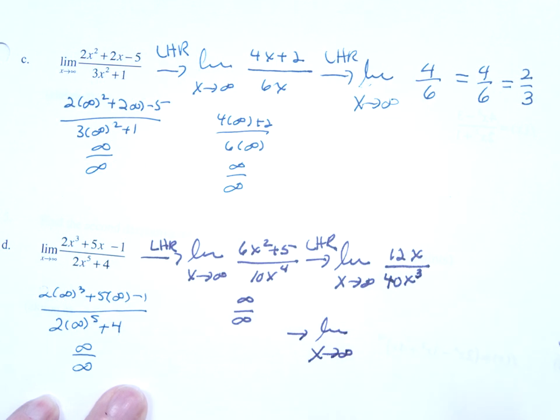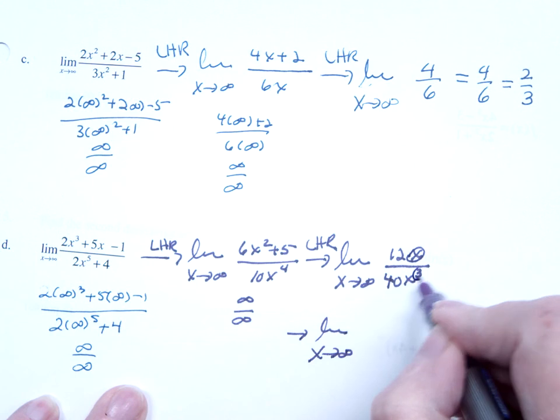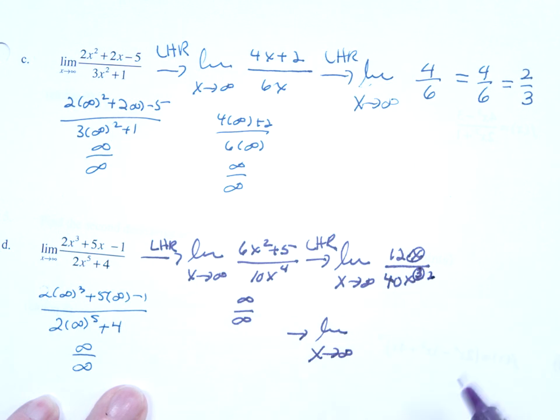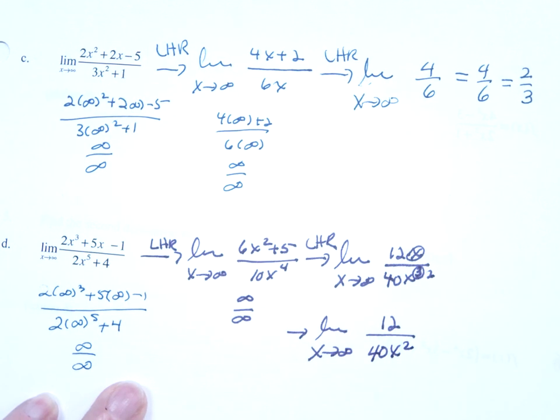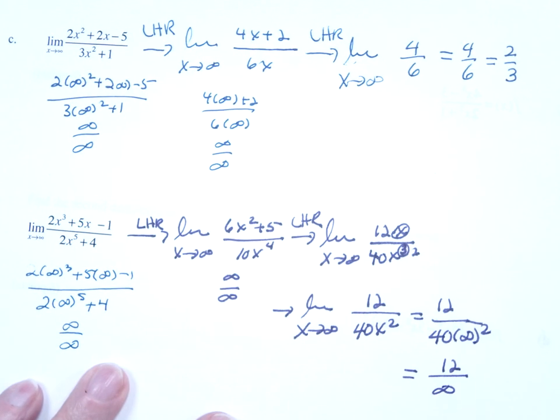I don't care about 12 and 40, that's not the problem. This x reduces out with one of those. This gives me 12 over 40x squared, which is 12 over 40 times infinity squared, which is 12 over infinity, and 12 over infinity is 0.